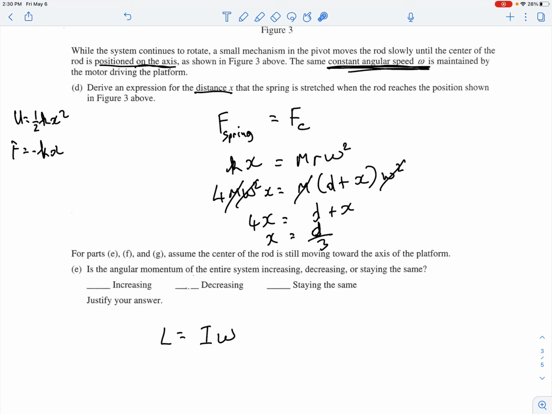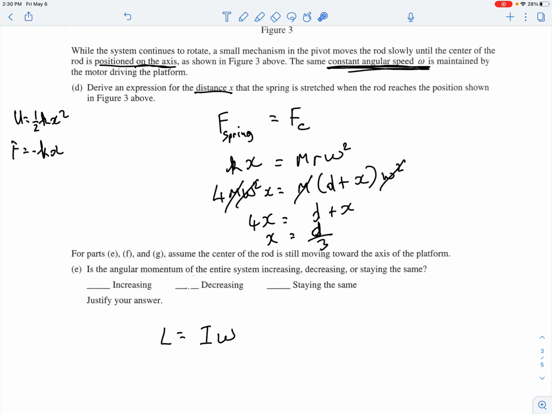Why is this so? Because the radius of the whole thing is shifting. The axis of rotation on the system is shifting. You could see at one point it was at the end, now it's in the middle of the rod. So the I must have shifted, right? If you move the whole system closer to the axis of rotation, the moment of inertia is going to drop down. That is how inertia works.